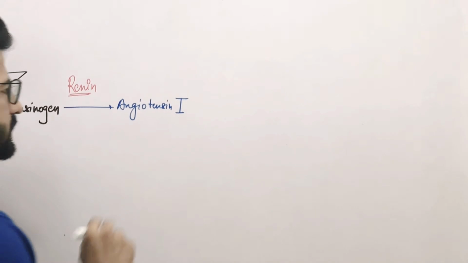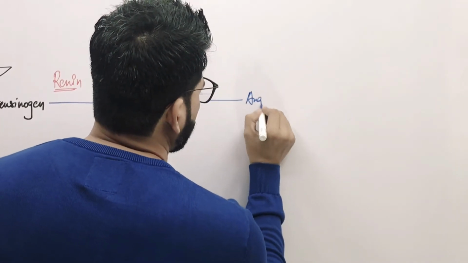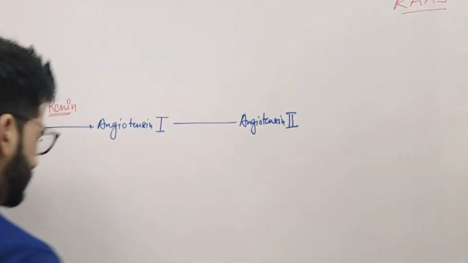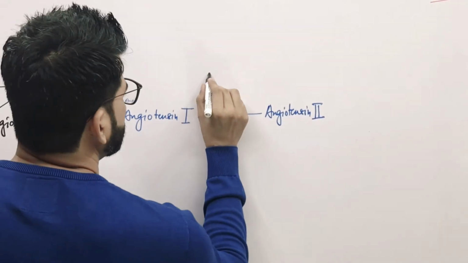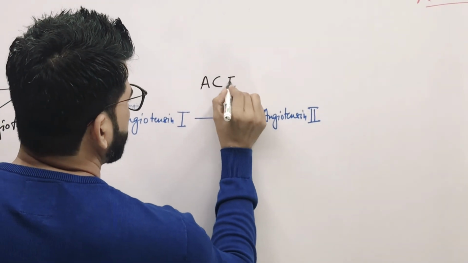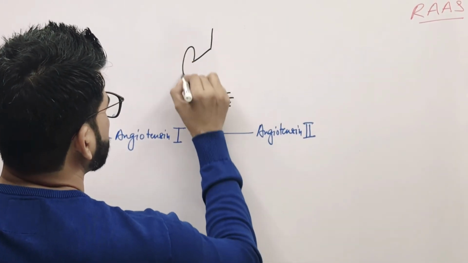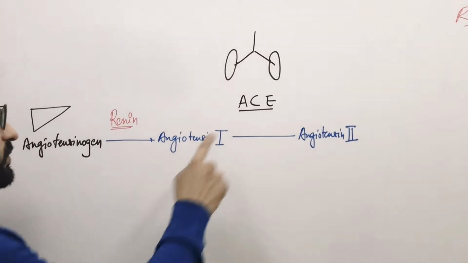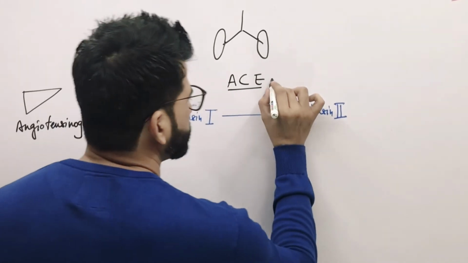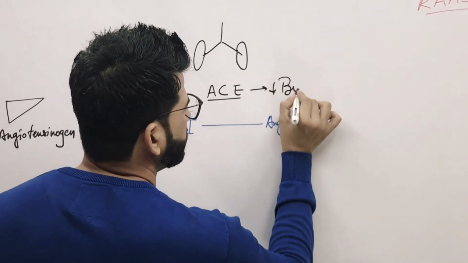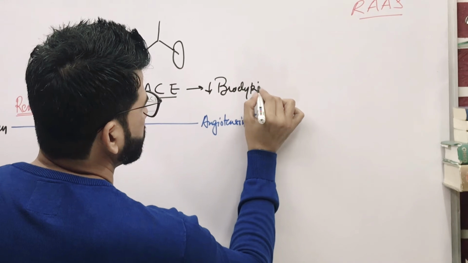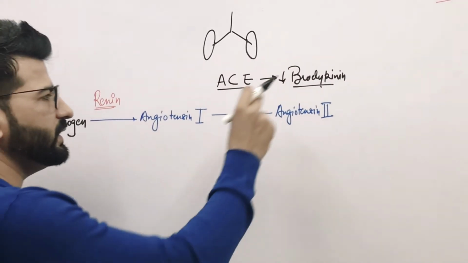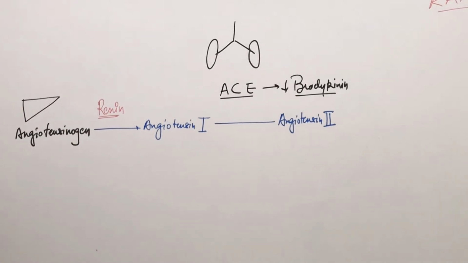This angiotensin 1 is now converted to angiotensin 2. This is done by angiotensin converting enzymes which come from the lung. Another function of this angiotensin converting enzyme is that they also decrease the bradykinin. So anything which blocks the angiotensin converting enzymes will increase the bradykinin.